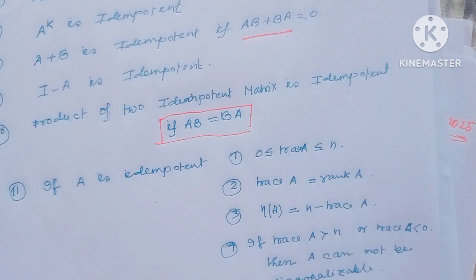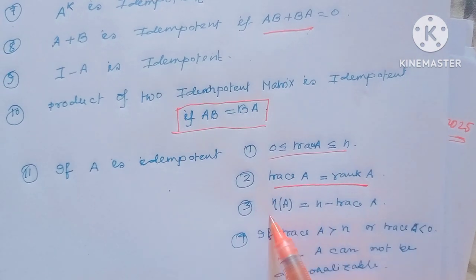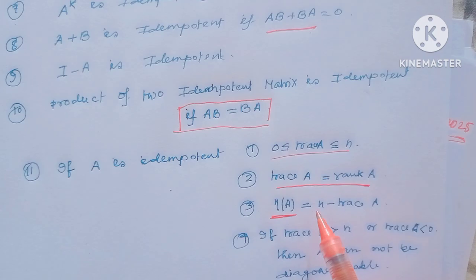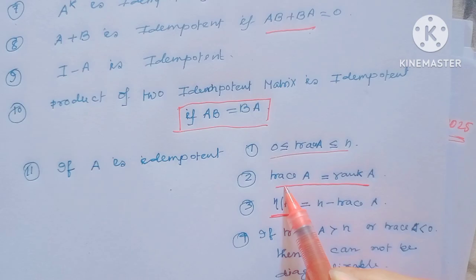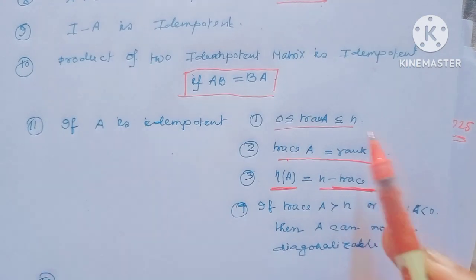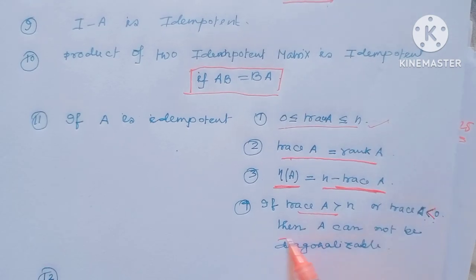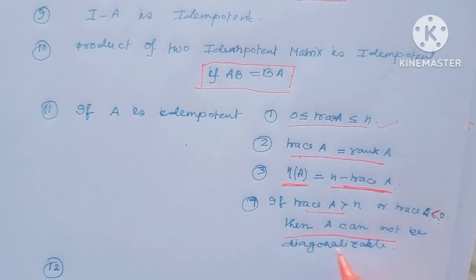Another property: if A is an idempotent matrix, then the trace of A is always greater than or equal to 0 and less than or equal to n. We all know the trace of A equals the rank of A, and the nullity of A means n minus rank of A, and since rank of A equals trace of A, this is n minus trace of A. If the trace of A is greater than n or less than 0, then A cannot be idempotent.